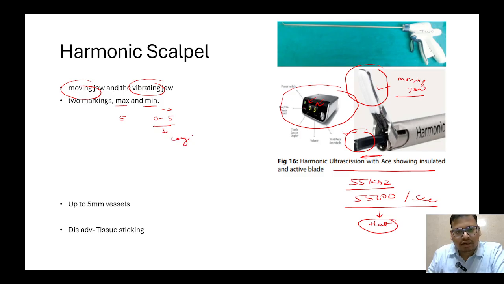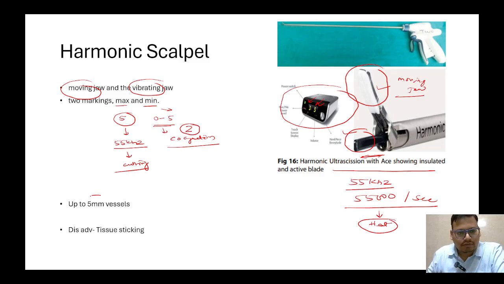The minimum helps in coagulation, so it is usually set at 2 or 3, and the maximum is 5. Level 5 means it vibrates at a rate of 55 kilohertz, so it will help in cutting.